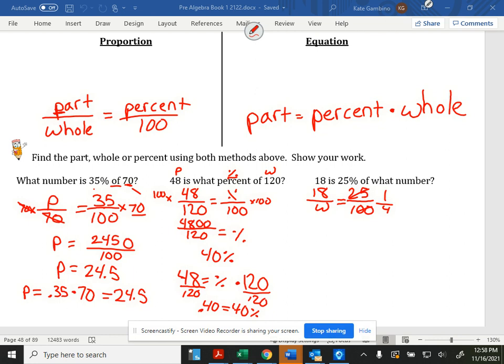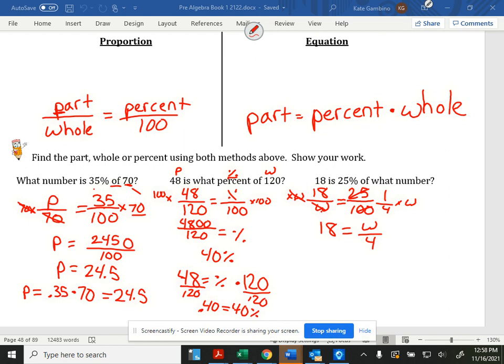You guys want to know how to do this? Yes. This is new. We want to get the W on the top, right? We don't want the W on the bottom. So how are we going to get the W on the top? We're dividing by W right now, so we're going to multiply by W. So that'll get us 18 equals W over 4, because we multiplied by W, divided by W, so they cancel out.